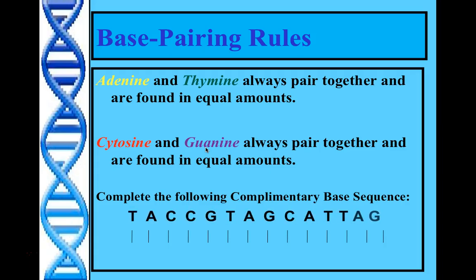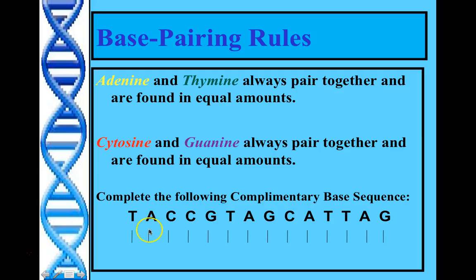So if we look at this sequence here at the bottom, we're going to go through each one and we're going to complete the complementary base sequence. So when we talk about sequencing, this right here would be a DNA sequence, but this is only half of it. We have to find the complementary sequence, which would be on the other side of the molecule.